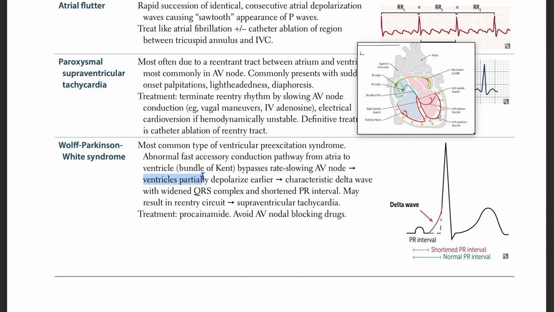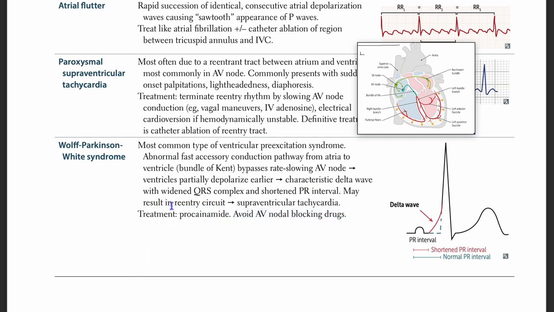This will cause ventricles to partially depolarize earlier, which leads to the characteristic delta wave with wide QRS complex and shortened PR interval. Okay. May result in a re-entry circuit and supraventricular tachycardia. Treatment is procainamide, and avoid AV nodal blocking drugs.